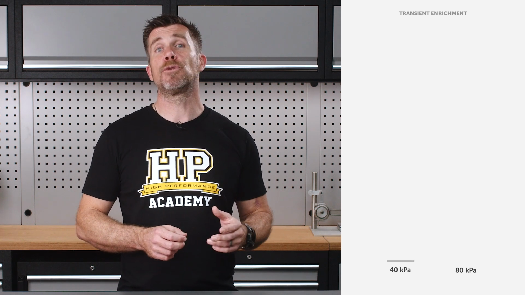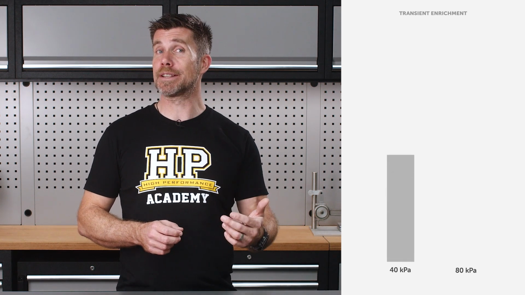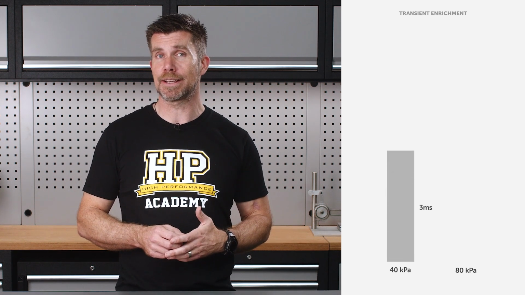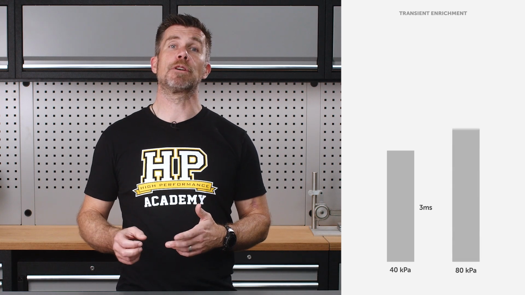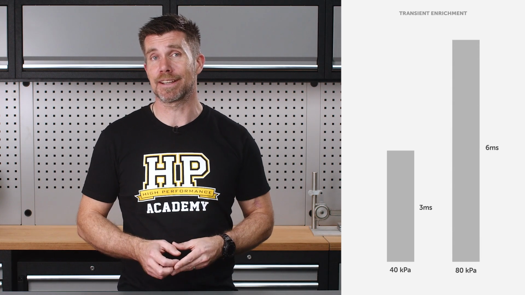Let's look at an example where the engine is being tuned correctly in steady state conditions at 2000 RPM at 2 points in the efficiency table, 40 and 80 kPa. In both sites, the efficiency table has been correctly calibrated to achieve a lambda value of 0.90. At 40 kPa, we find that this requires an injector pulse width of 3 milliseconds, and at 80 kPa, it requires a pulse width of 6 milliseconds.